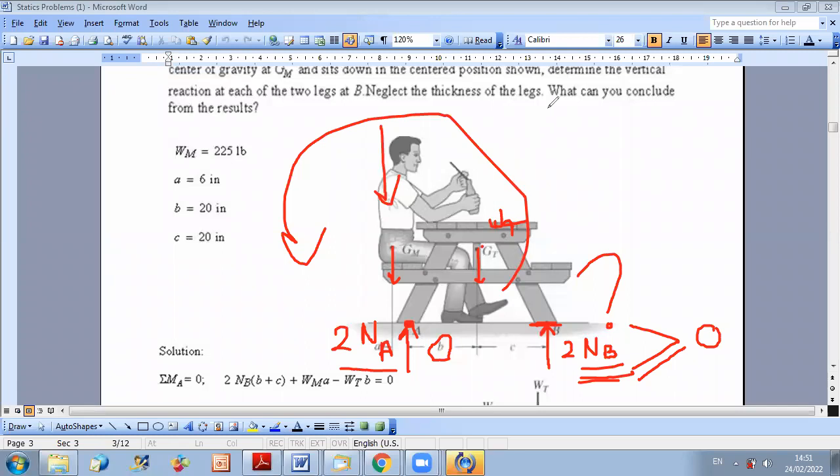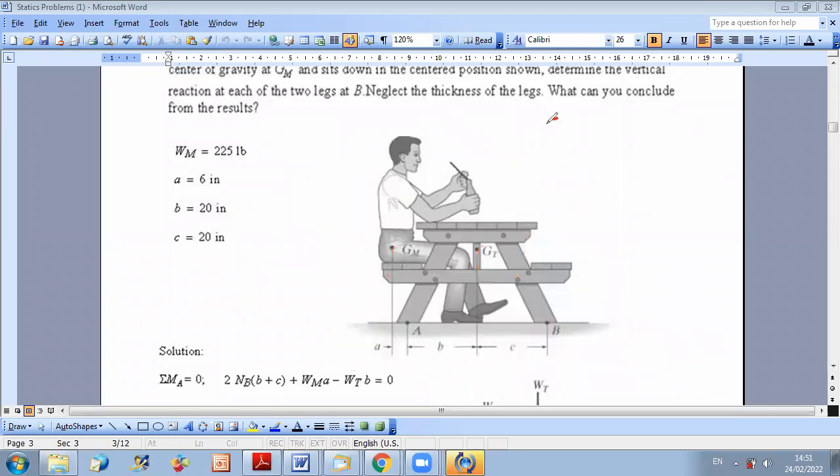So let me write the sum of moments about point A equals 0 to find a relation between the normal reaction and the weight of the table. If you look at the figure, you have the normal at A, but it will not do any moment about A. We said we have 2 legs, so 2NA. We have also 2NB.